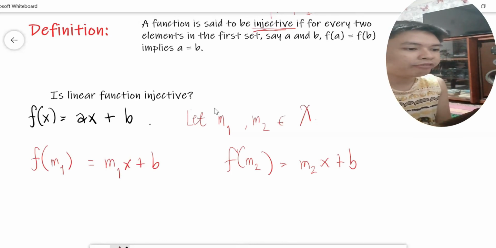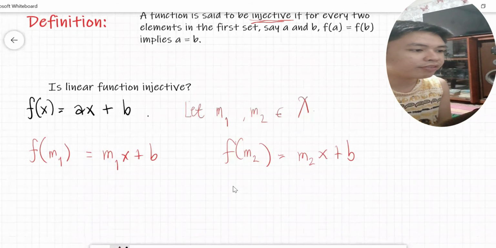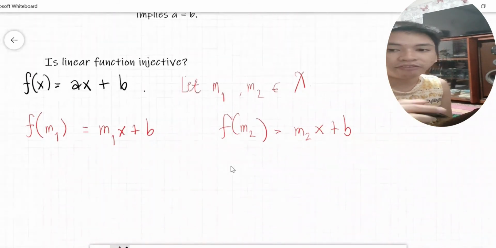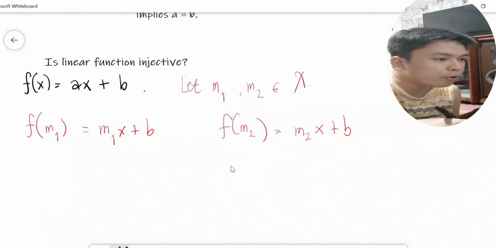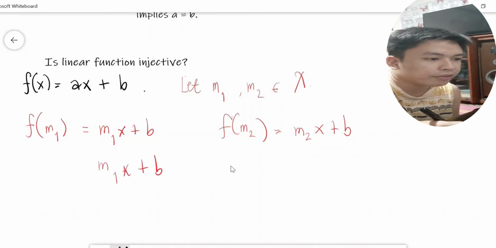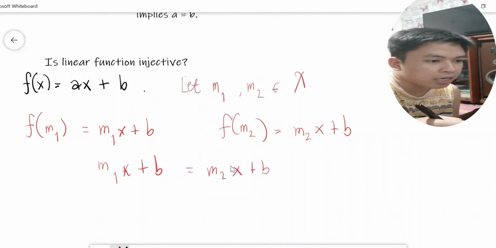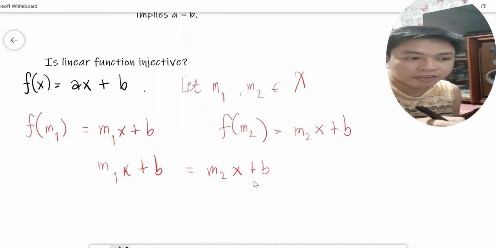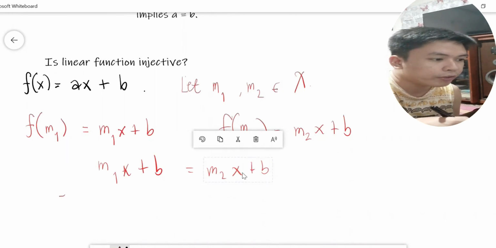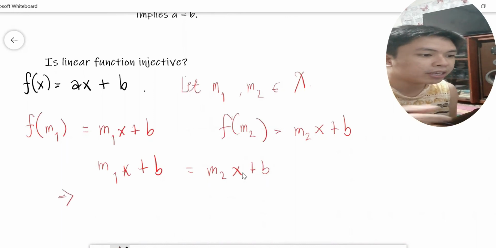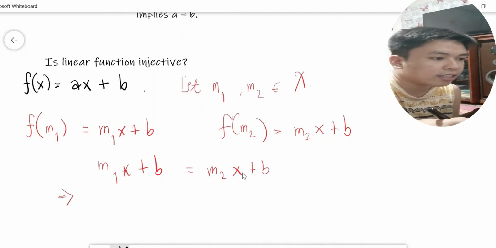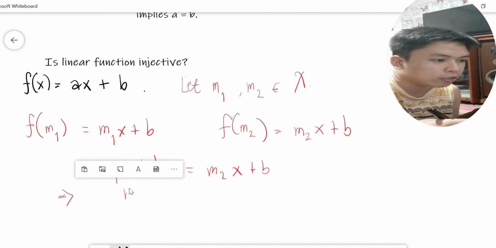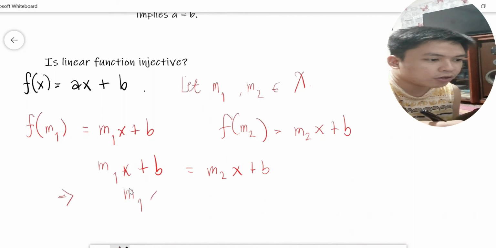Suppose f of m1 is equal to f of m2. Meaning to say, suppose m1x plus b equals m2x plus b. Remember that b here and here is constant, so I can subtract both sides by b. I would get m1x equals m2x.